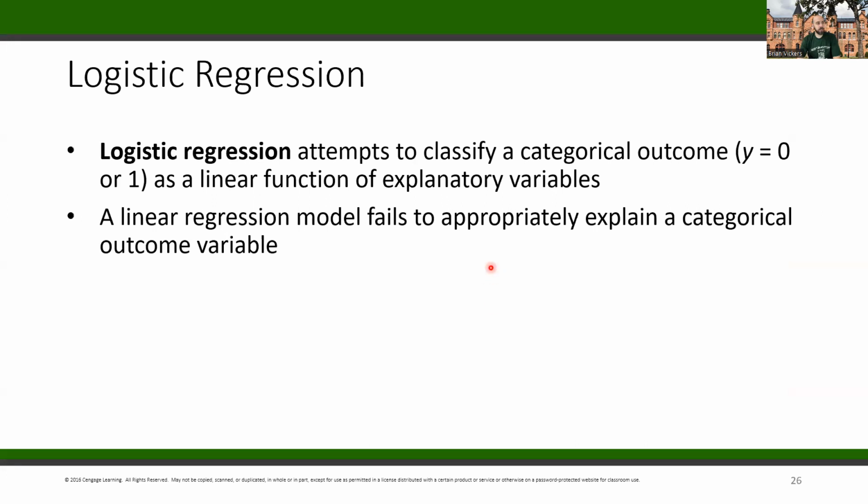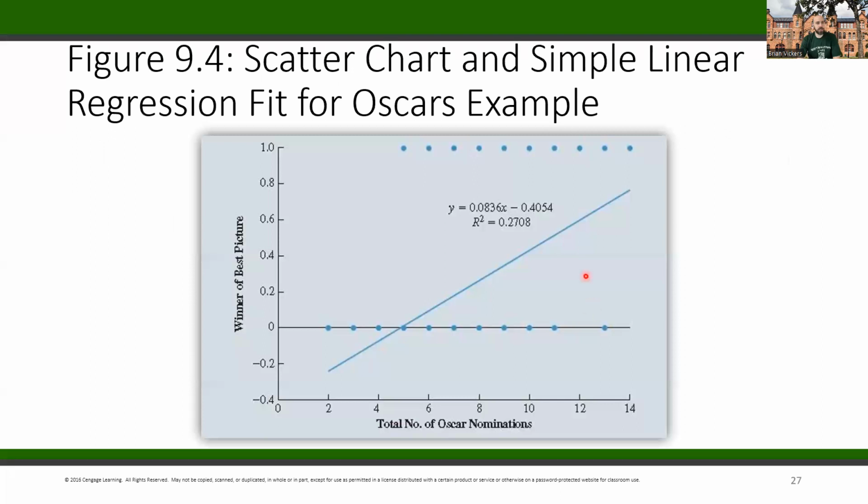Logistic regression is a form of linear regression for a categorical outcome variable, meaning a 1, 0, right? In this instance, you had the number of Oscar nominations.